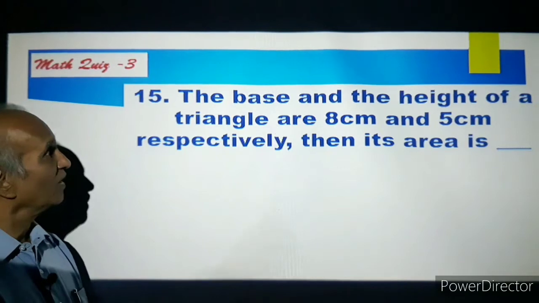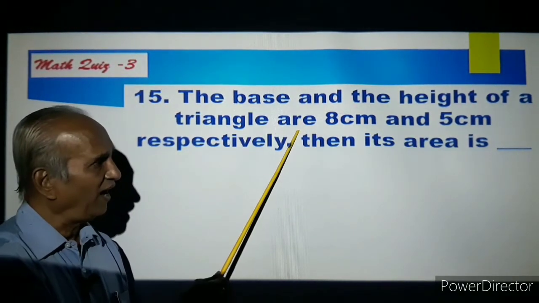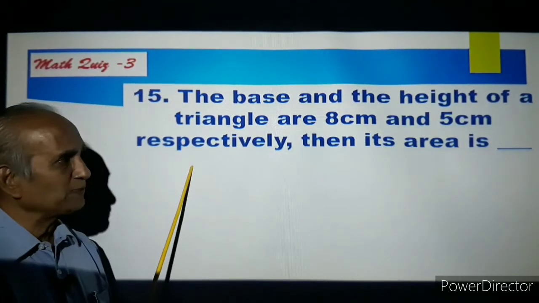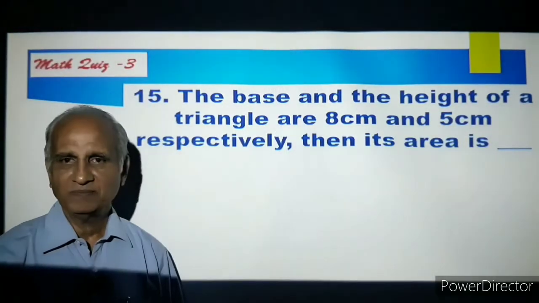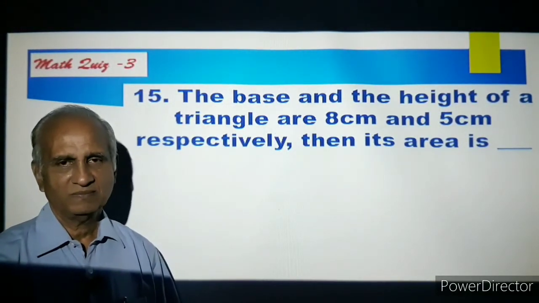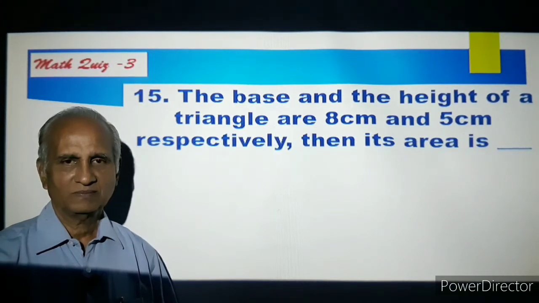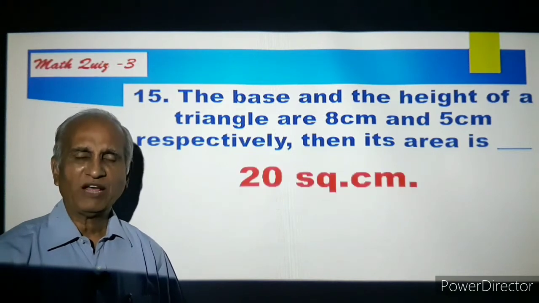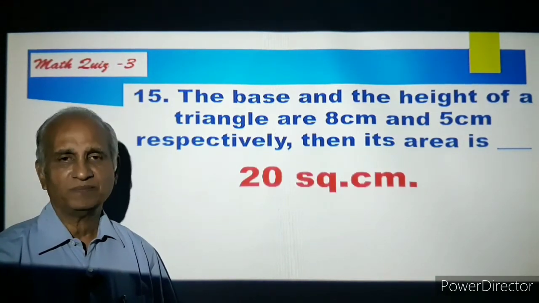Next, 15th question. The base and the height of a triangle are 8 centimeters and 5 centimeters respectively, then its area is. What is the formula we apply to find out the area of a triangle?